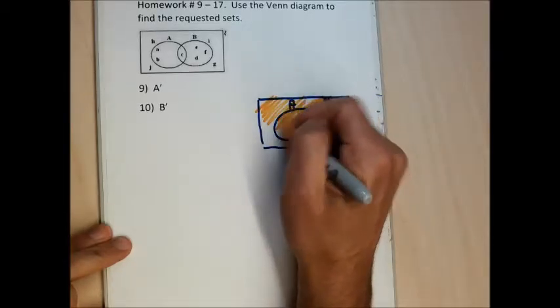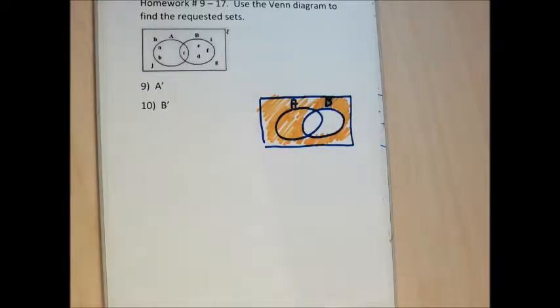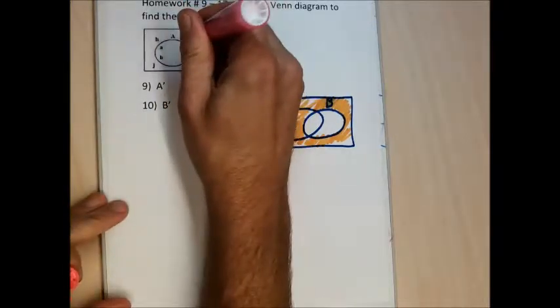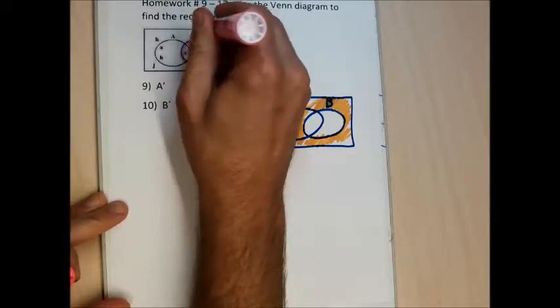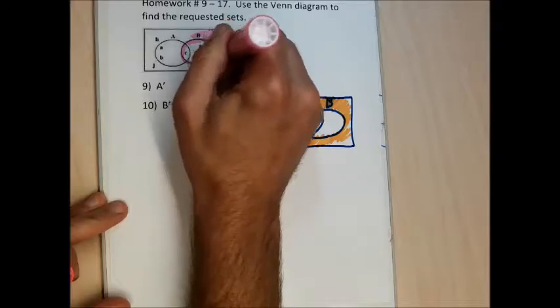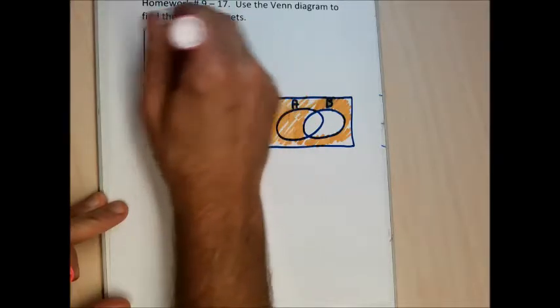So this is a very fast drawing of B complement, and that's only one set. I don't need to take a lot of time trying to figure out what that is. I'm going to transfer that to this diagram, kind of the best I can anyways. I don't need to shade super great if I don't care to.